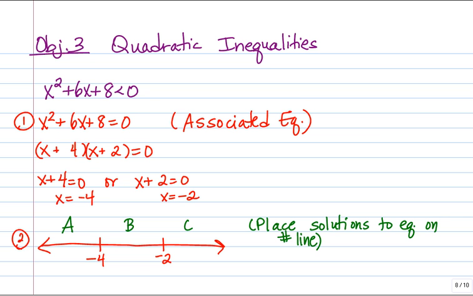Let me come over here for a minute. In step 3, we're going to test a point from each region. That is, in regions A, B, and C, we're going to plug a value into the original inequality. So test points in the original problem.